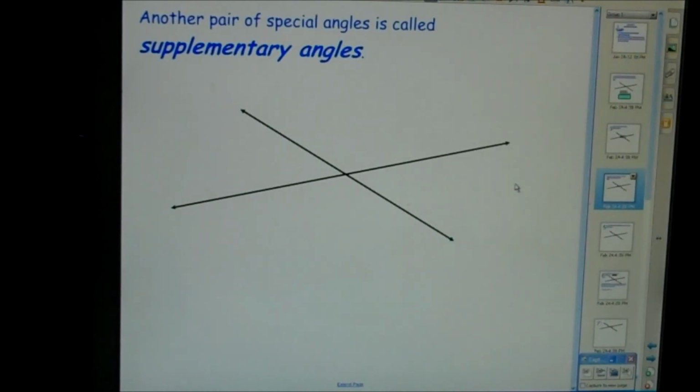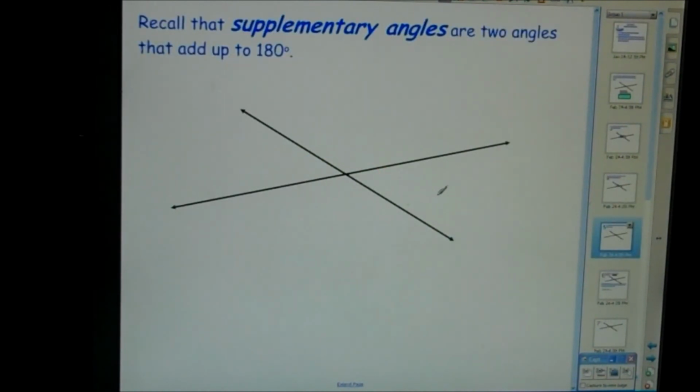The next pair of angles are called supplementary angles. That's where adjacent angles come in. Both of those are adjacent. Those two angles add up to a certain value, and you should be aware of that. Pick the blue one. These two are supplementary angles. Anybody know? Supplementary angles add up to 180 degrees.